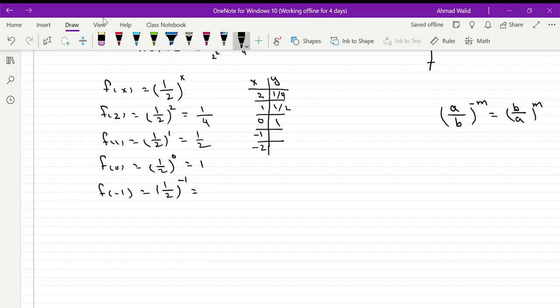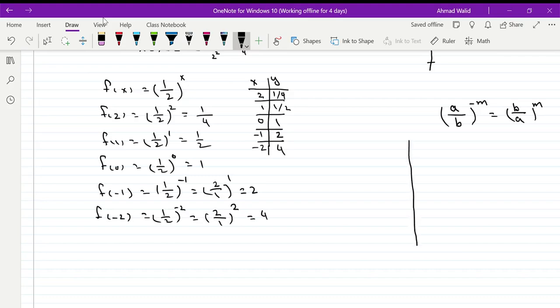It means here I can write 2 over 1 to the power of 1, which gives me 2. F of -2 equals 1/2 to the power of -2. Again, it will be 2 over 1 to the power of 2, which gives me what? 4. Now I have the table. Easily, I can graph this function.